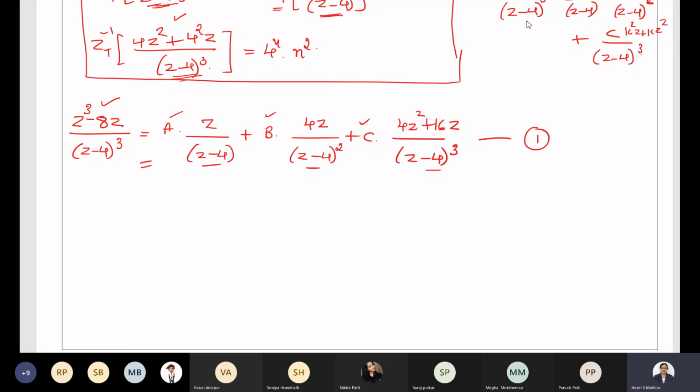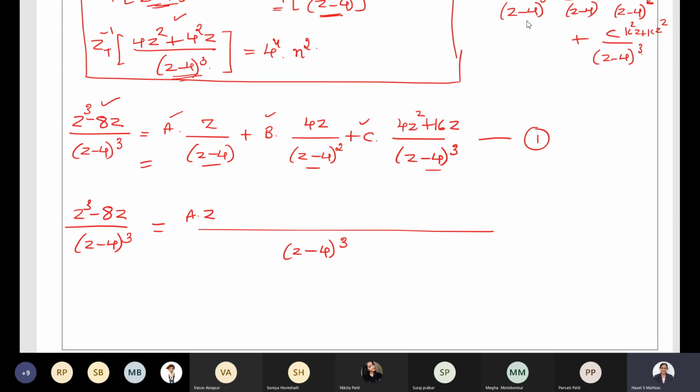Next, what we shall do now is (z cube minus 8z) divided by (z minus 4) whole cube, that is equal to, and we take the LCM, that is (z minus 4) whole cube. When I take the LCM, it will be a into (z minus 4) whole square plus 4b z into (z minus 4) plus c into 4, you can take 4 outside, so it will become 4c into (z square plus 4z), or you can take z also outside.